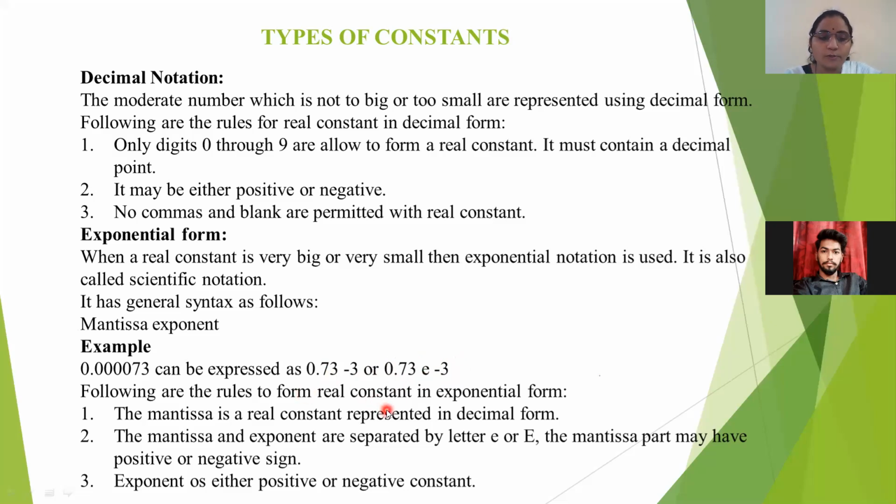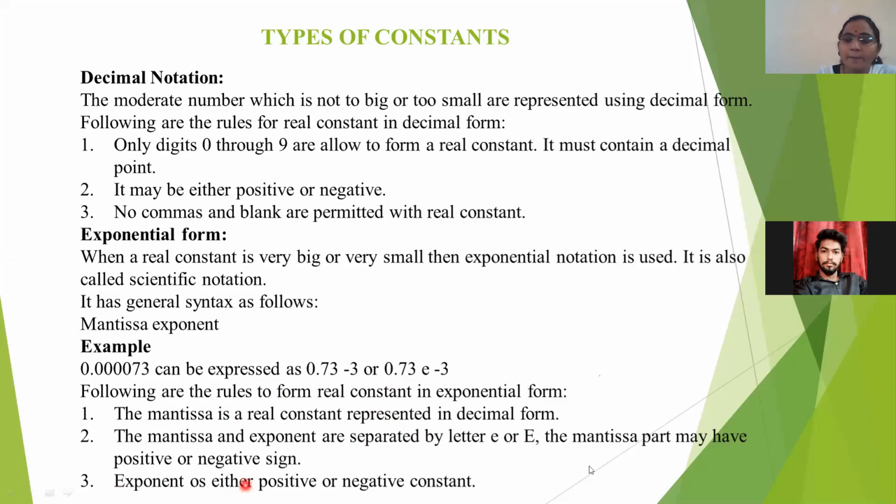Following are the rules to form the real constants. Mantissa is a real constant represented in decimal form. Mantissa means the first part, and always remember that the first part consists of the decimal form, which means it contains the decimal point, just like 0.73. The mantissa and exponent are separated by the letter E or e, as I already told you.